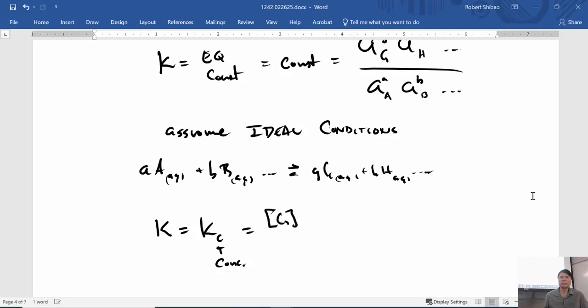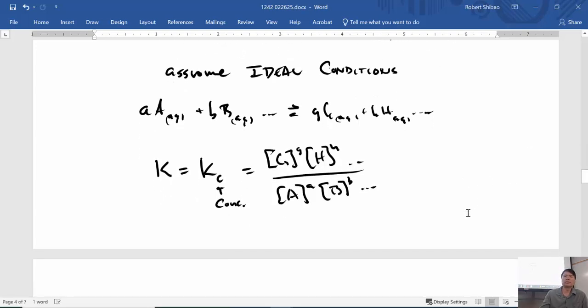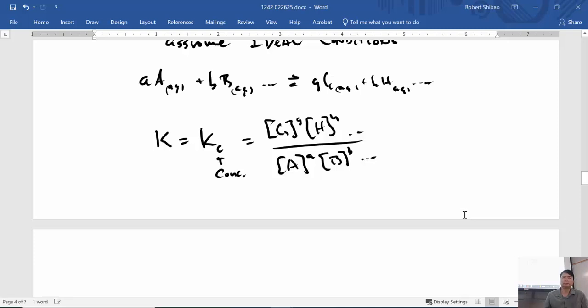So this will just be the molar concentration of G, to the little g, H to the little h, over A and B. So that'll be Kc. And that's all solutions.